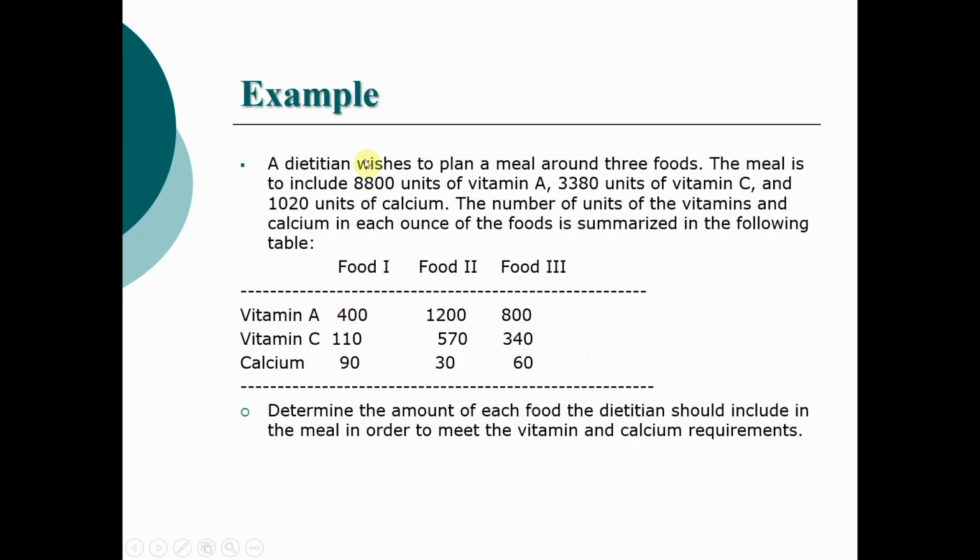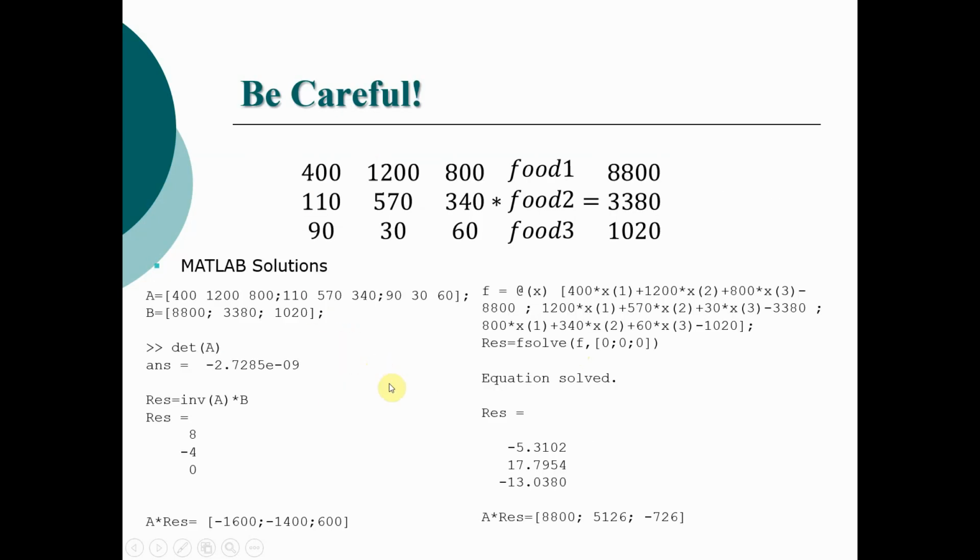So here we have a problem, and once you create the matrix of coefficients and vector of unknowns, if you look at the determinant of A, it's very small, right? It's equal to almost 0.